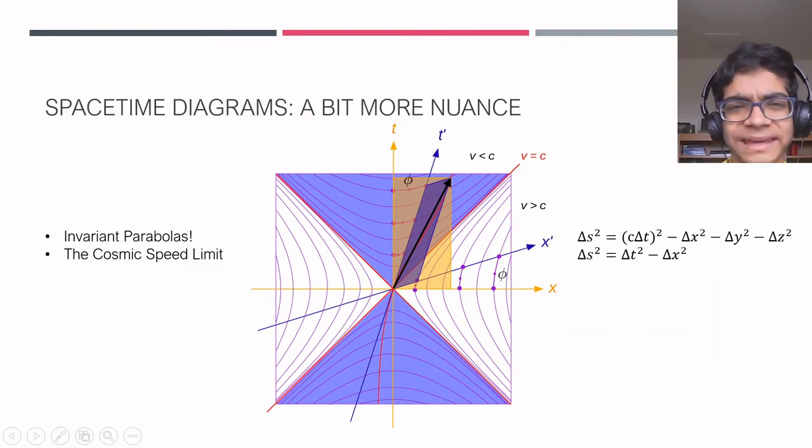They only inch up to it very, very slowly, but never touch it, and never cross it. This is a really easy visual way to see that the slope of anything along these invariant curves cannot be greater than or even equal to c. And thus that makes c, or the speed of light, our cosmic speed limit. So that's a useful way to notice something which isn't always inherently obvious.